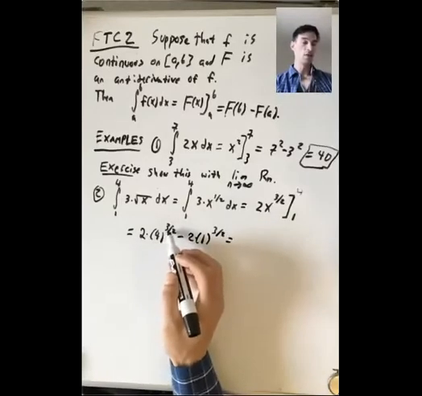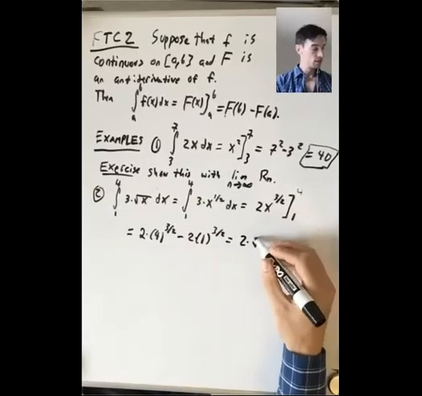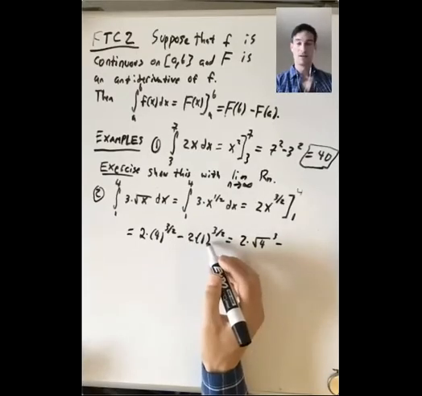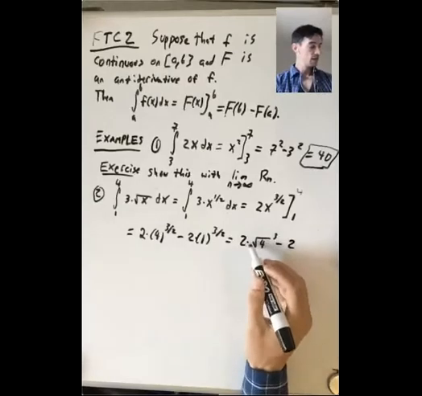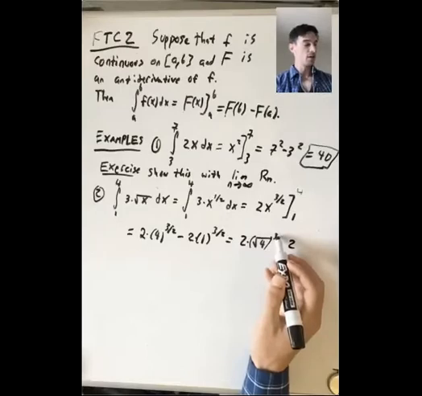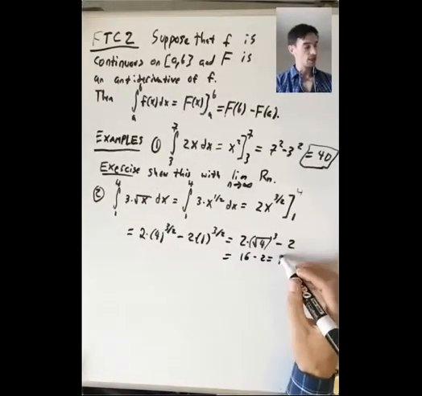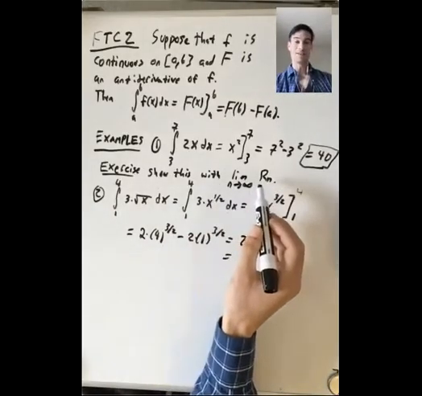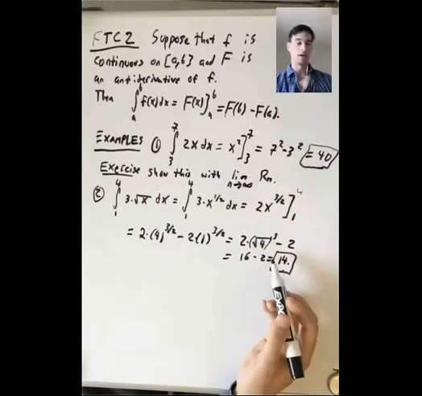Well, you can take it to the 1/2 power and then take the cube. So this is 2 times (square root of 4) cubed minus 2 times 1 to any power is just 1, so minus 2. Square root of 4 is just 2. 2 cubed is 8. This is 16 minus 2, which is 14. Again, you could do this using this approximation using rectangle areas, but it's a lot more work.